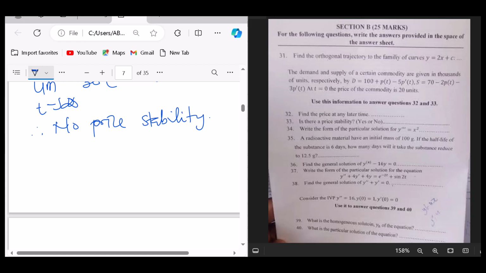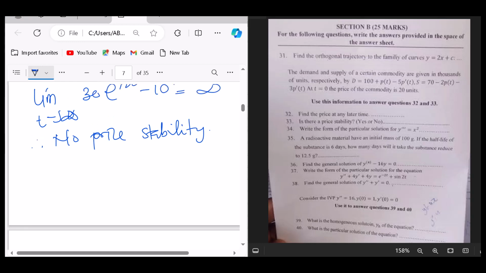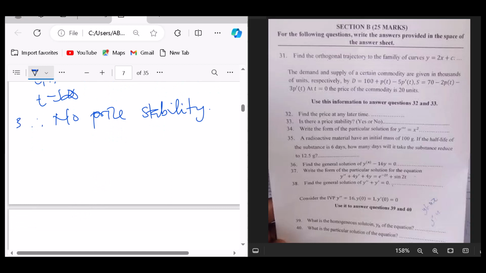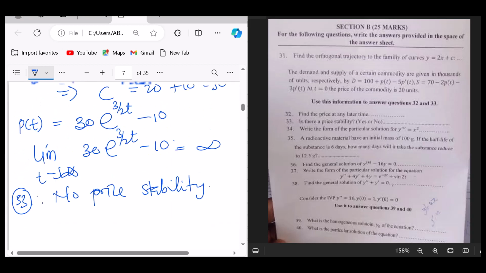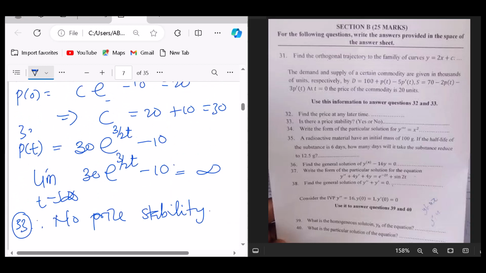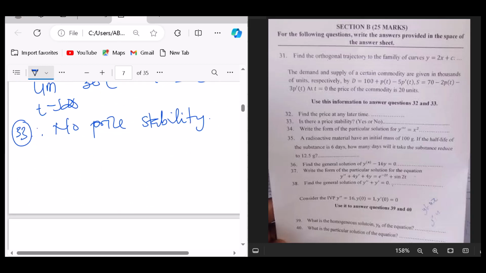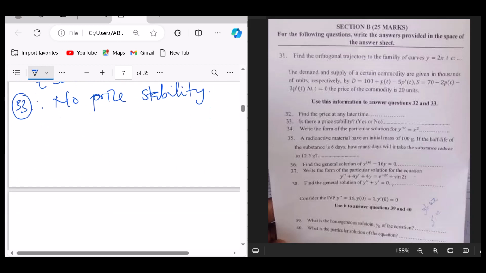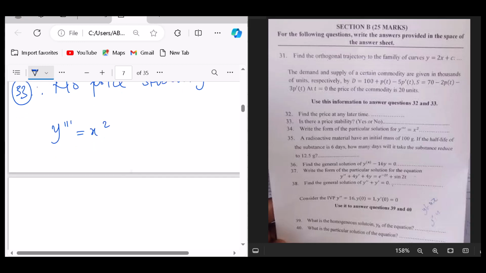Write the form of the particular solution of this. So this is 33, and then this is 32. Okay, so 34. They are saying that we should write the particular solution of y triple prime equals x squared.